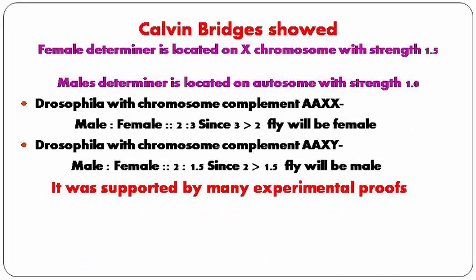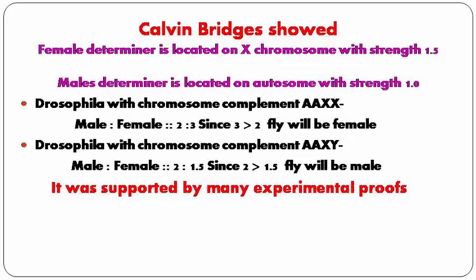A fruit fly with chromosome complement AAXX, where A is one haploid set of autosomes with a male determining value of 1, has the ratio of male to female determiners as 2:3. Since 3 is more than 2, the fruit fly will be a female.